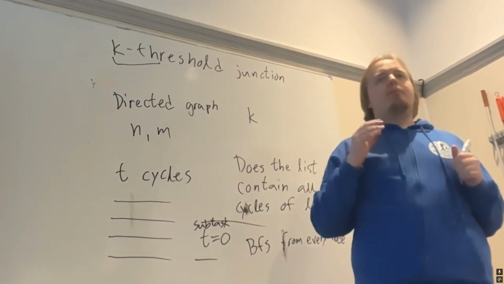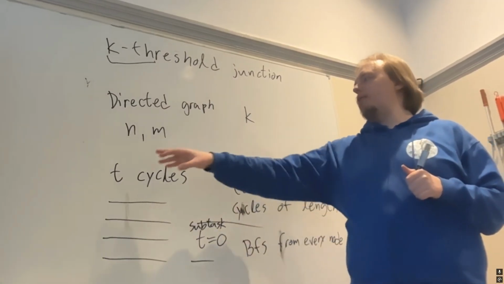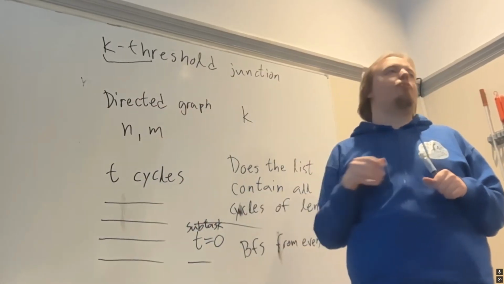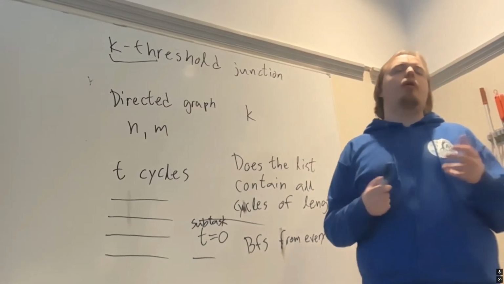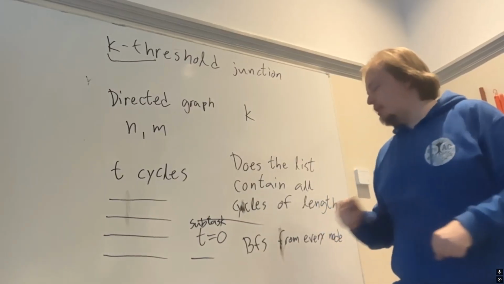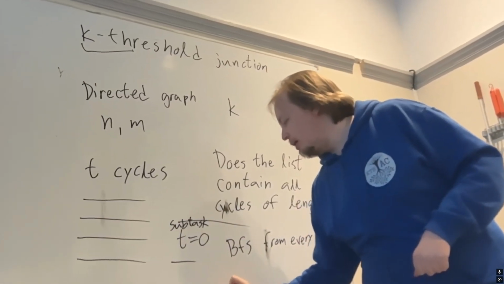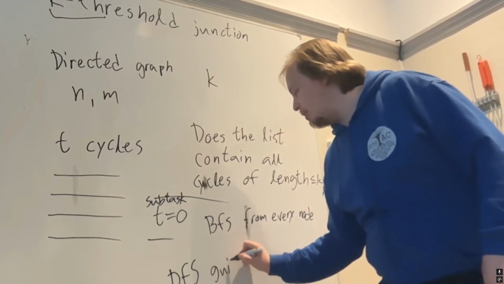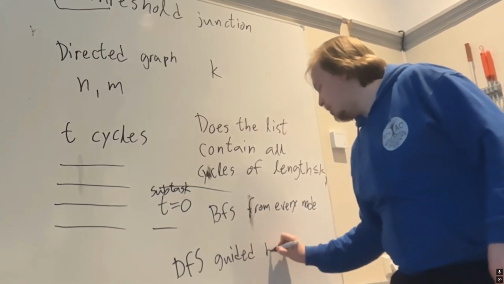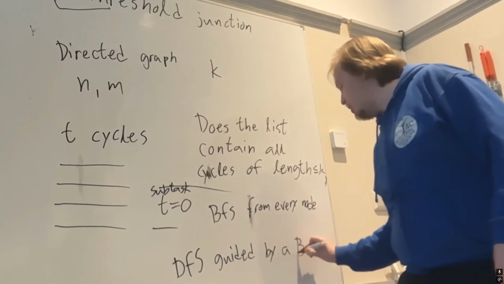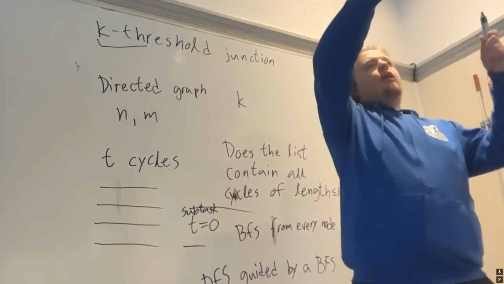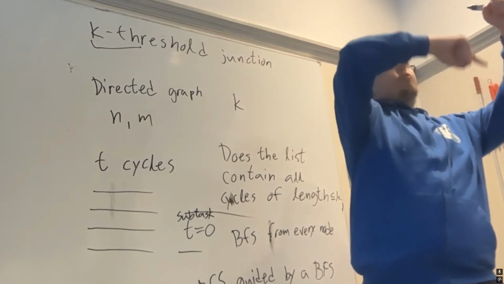The problem with doing this is that the graph might have a lot of different paths that are not cycles, so this would run in exponential time. So we have to do something smarter. What we can do is a DFS, but guided by a BFS. When you do a DFS, you want to close the circuit.